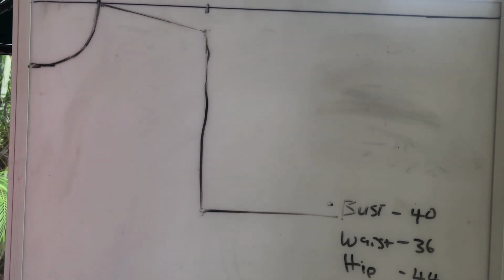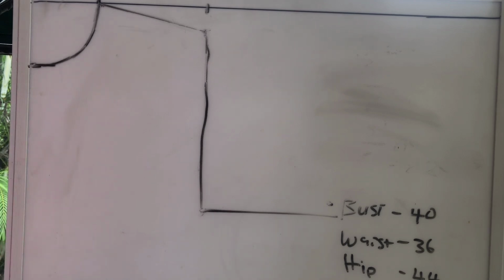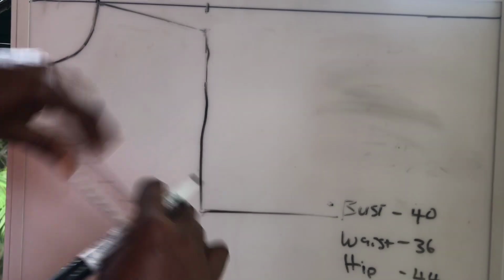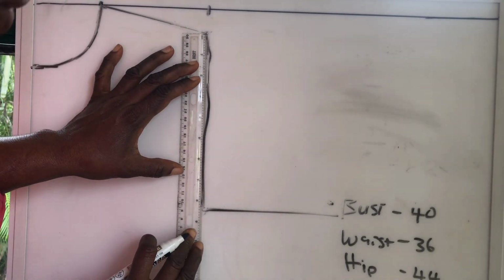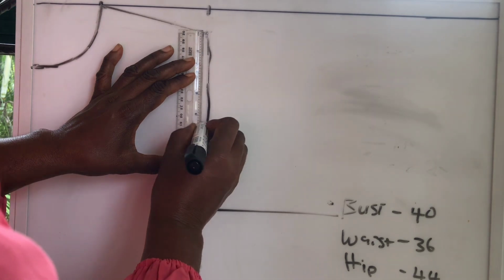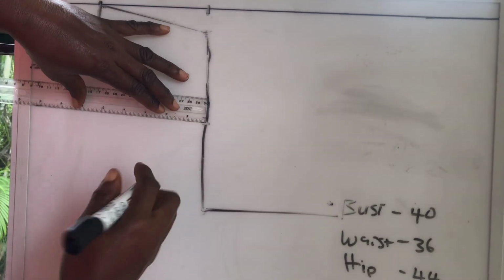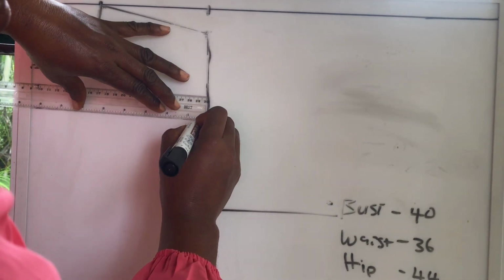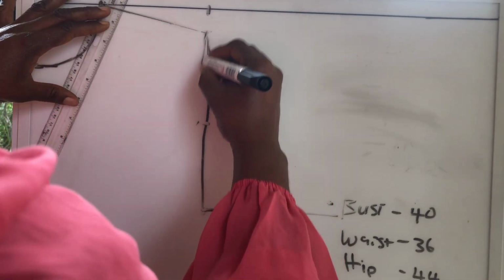We are plotting our basic bodice pattern without complete measurements, and we are going to get it right. Now, you get the midpoint of this place, which is 4.25. Then you come in by 1/2 inch, then you nicely slant it out.